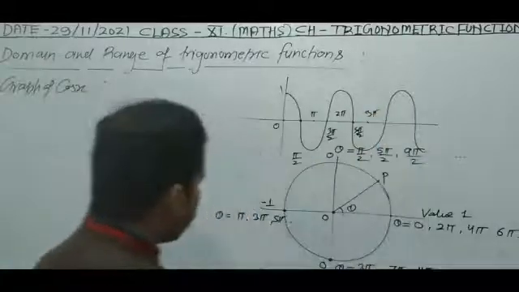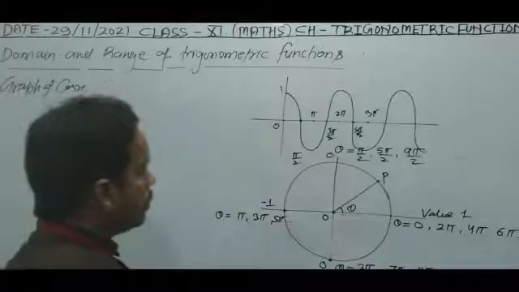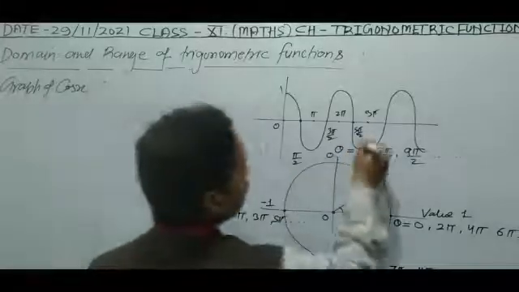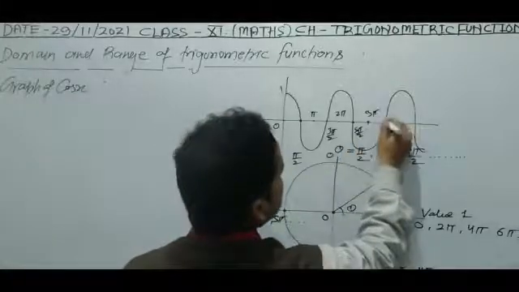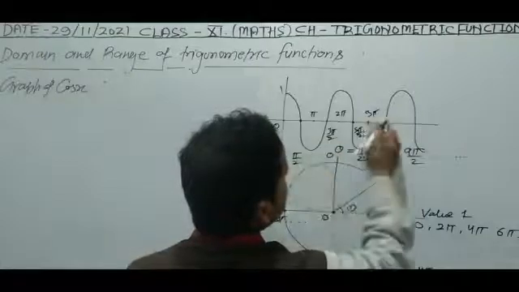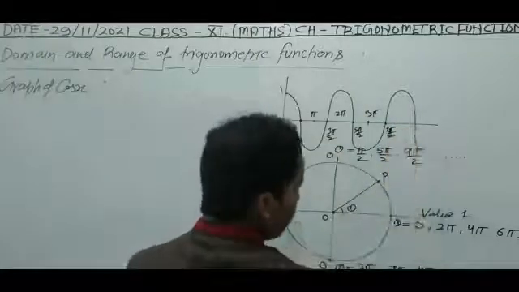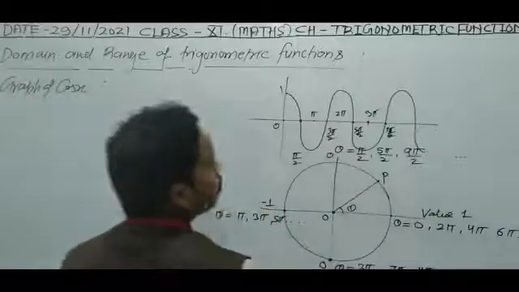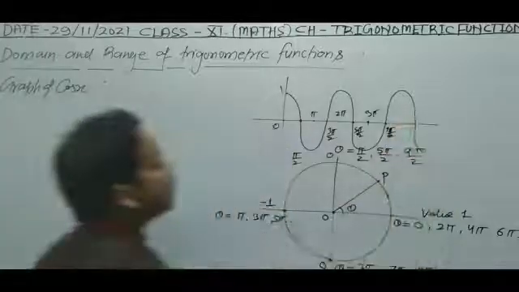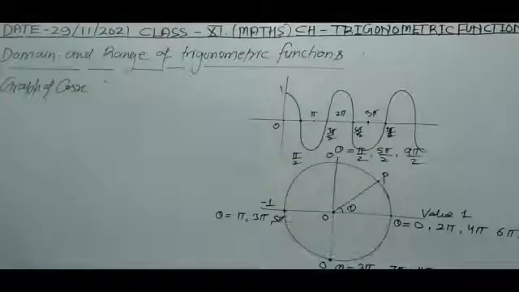And at 3 pi, you will see, the result you will get is minus 1. Now this is 6 pi by 2, not 7, this is 7 pi by 2. At 7 pi by 2 the result you will get is 0. So this is the point where you will see the graph of cos x.